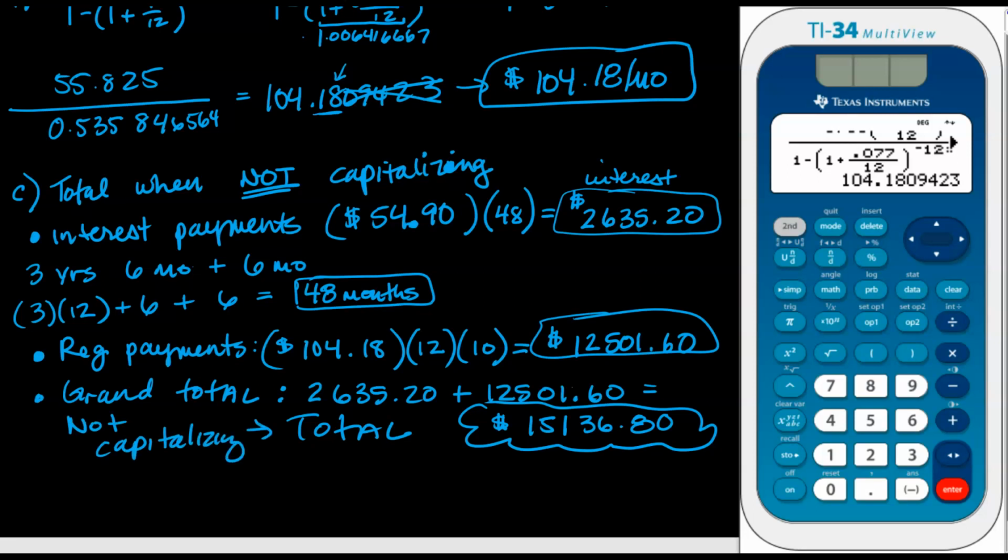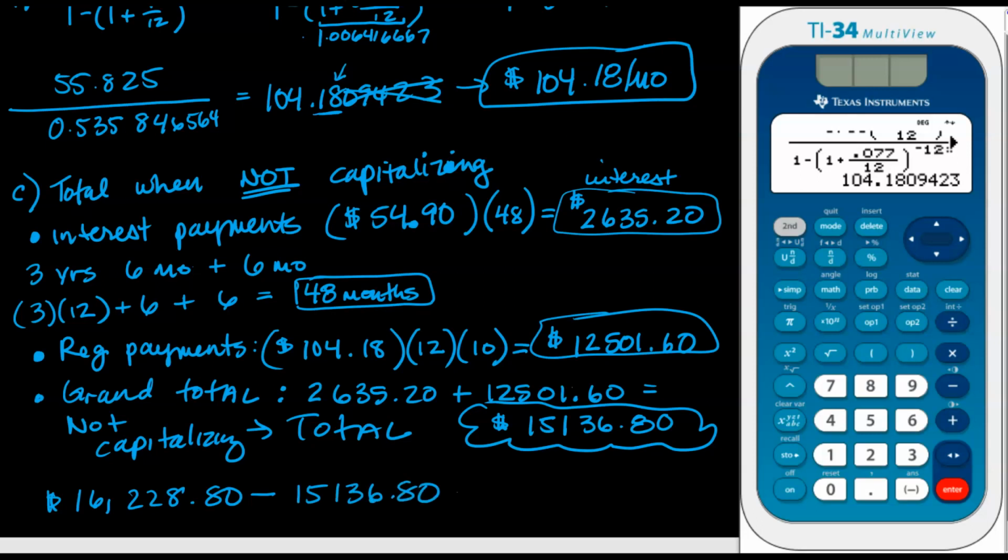Okay, and so we want to compare that to the total when she did capitalize. So we figured out from the last example that when she capitalized that interest, she wasn't making those interest payments while in school. Her total for the loan was $16,228.80. I'm going to subtract $15,136.80.